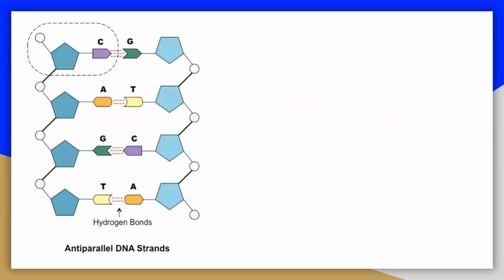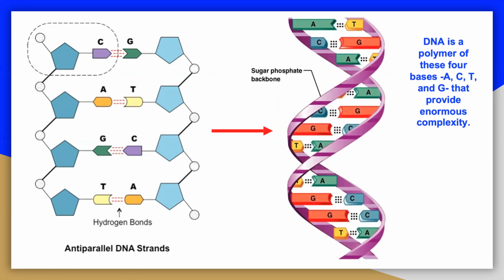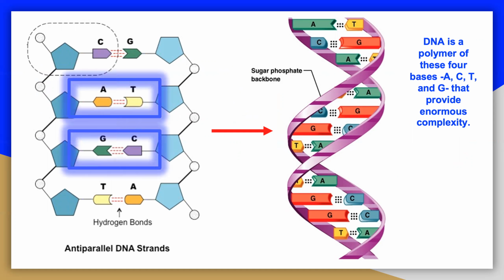The two strands of DNA run in opposite directions to each other and are therefore antiparallel. The nitrogenous bases of the two separate polynucleotide strands are bound together according to base pairing rules: adenine with thymine and cytosine with guanine by hydrogen bonds to make double-stranded DNA.